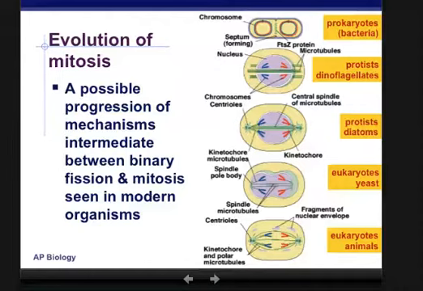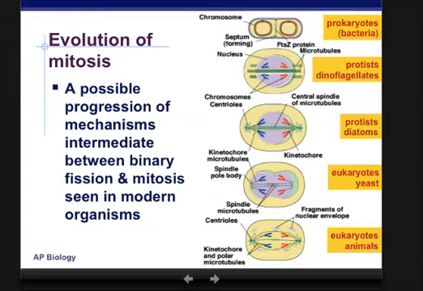Protists have a nucleus, and a nuclear envelope remains intact during cell division. The chromosomes are more linear. So there's many different kinds of protists, so they work a little bit different between the dinoflagellates and the diatoms. All right, and then in yeast, the nuclear envelope also remains intact.